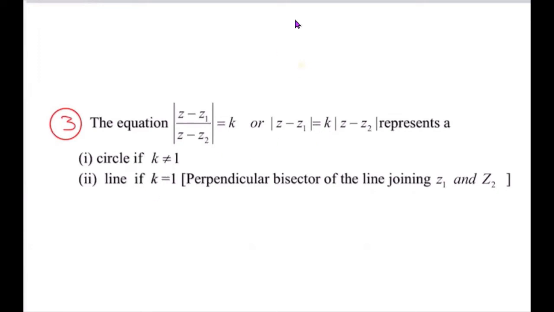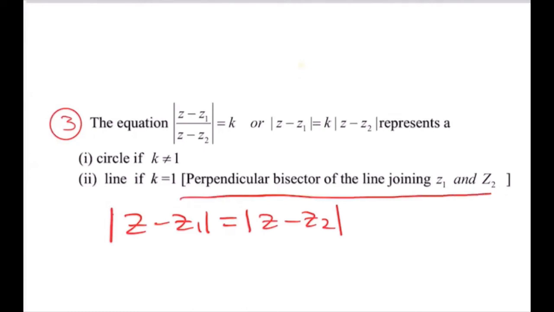Suppose K is 1, then the equation reduces to |Z − Z1| = |Z − Z2|, which represents the perpendicular bisector of the line joining the points Z1 and Z2.